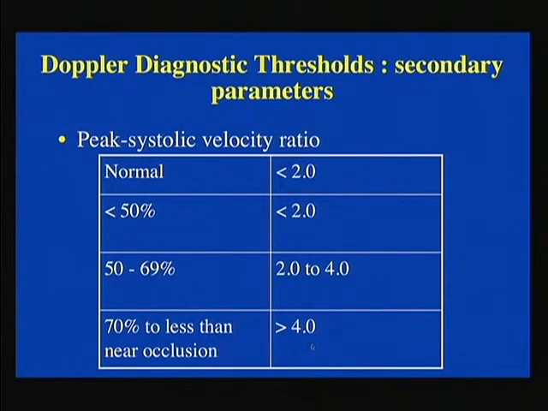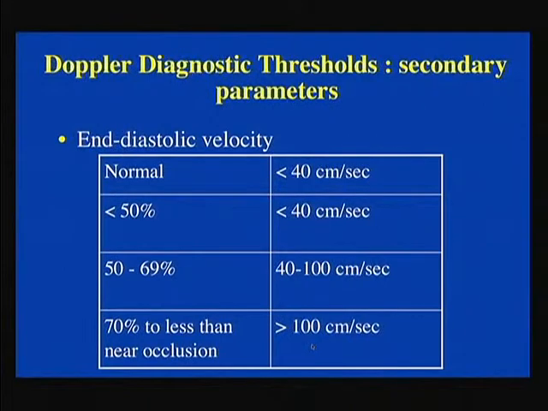The real number that's out there is 4 for a 70% stenosis. These end diastolic velocities that are part of this report are iffy. The 100 came out of maybe one paper, and it's kind of iffy when you read the paper. So for me, end diastolic really means keep in the back pocket that 140 when you talk about the 80% stenosis.